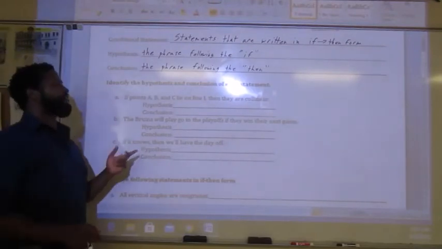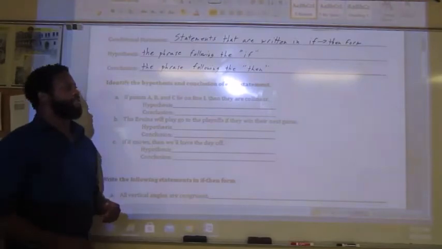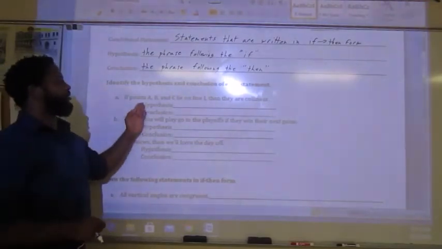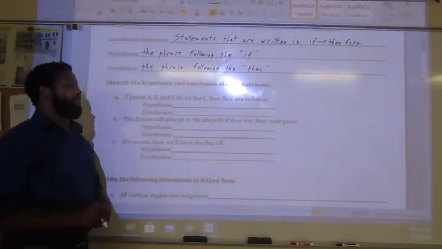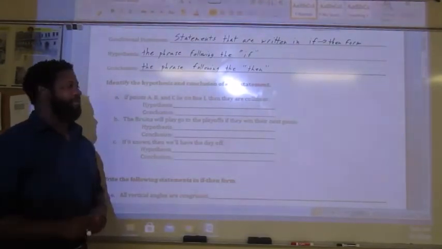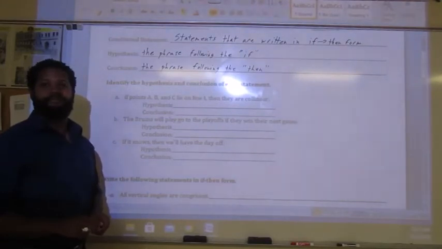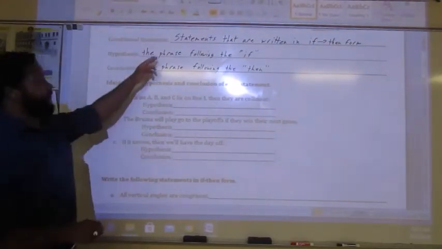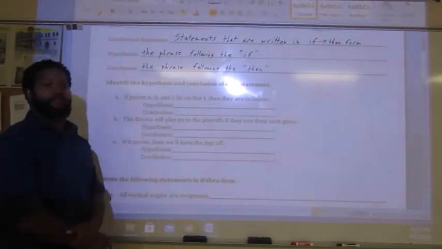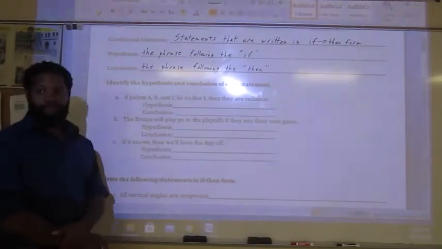So, in this type of situation, identify the hypothesis and the conclusion of each statement. If points A, B, and C lie on line L, then they are collinear. What's our hypothesis? It's the phrase following the if. Read the whole thing.